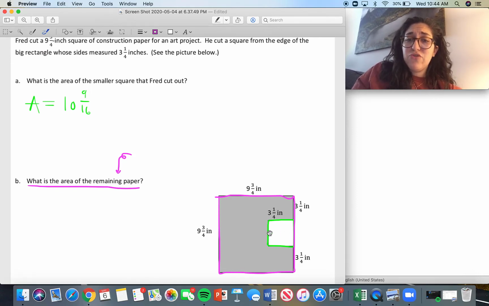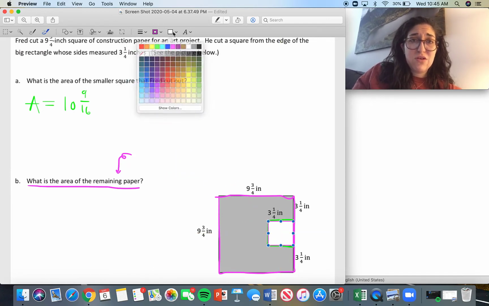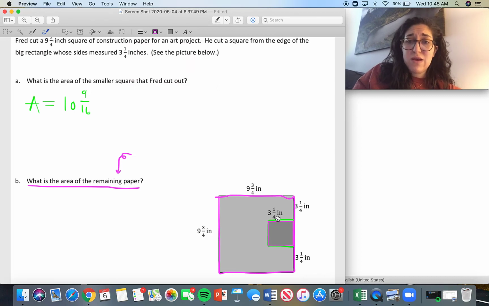So if I imagine for a moment that I didn't take away that green, that this was still filled in gray, would I be able to find the area of the whole square? Well, yeah, I could, by just doing my normal multiplication, 9 3/4 times 9 3/4, the area of the whole thing.